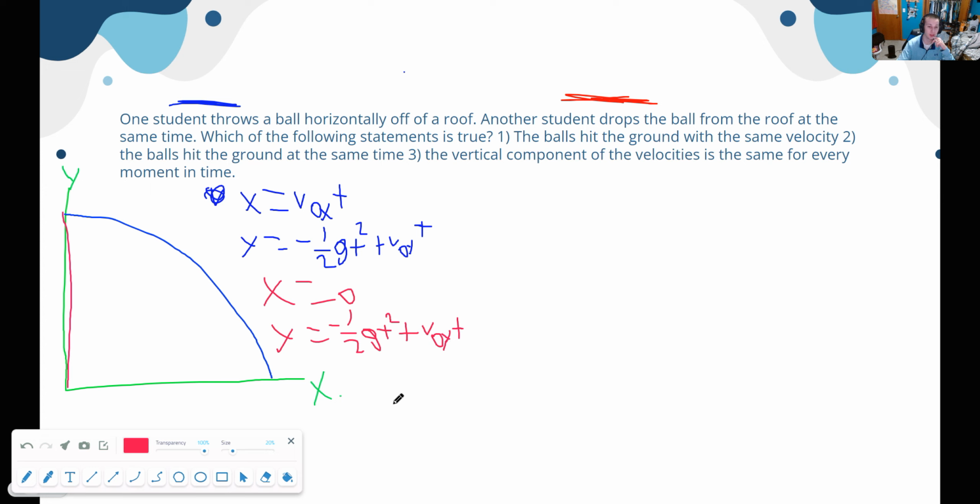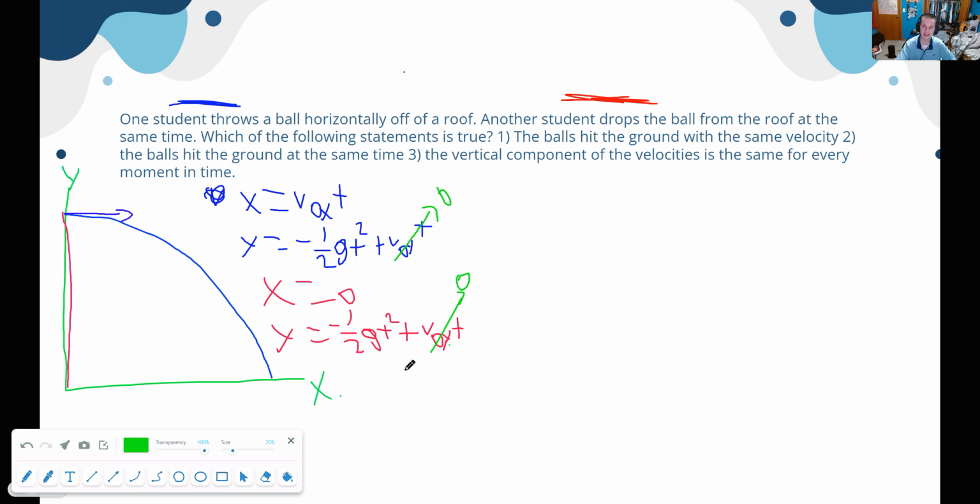Okay. And so it turns out, since the blue ball is thrown horizontally, right? And then the red ball is just dropped. It turns out that both of these parts go to 0. Okay. So we're just left with the negative 1/2 g t squared part. So what this means is that the position of y for both of these is the same, okay?